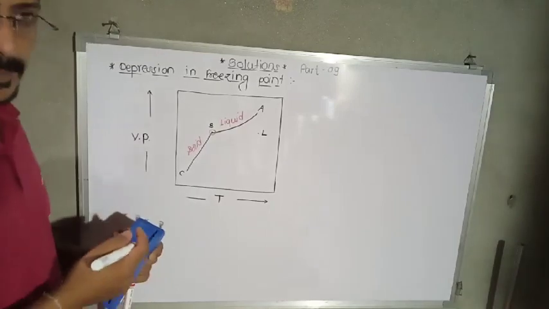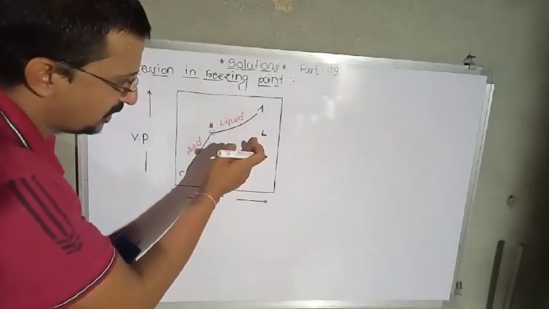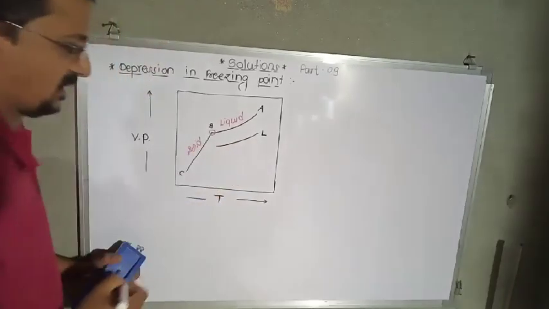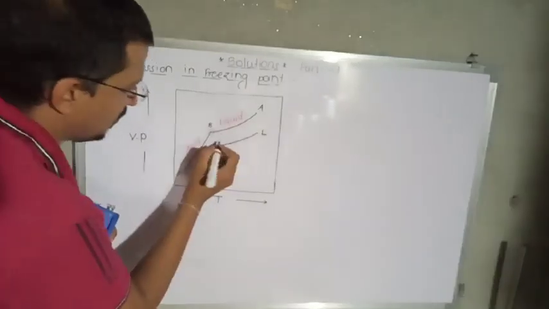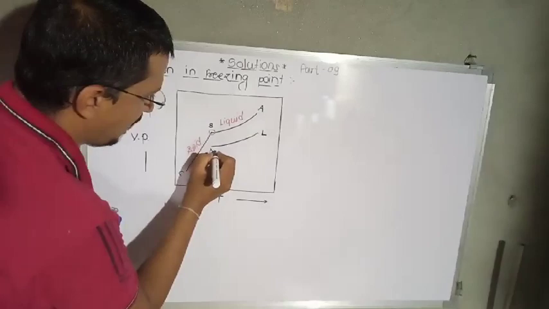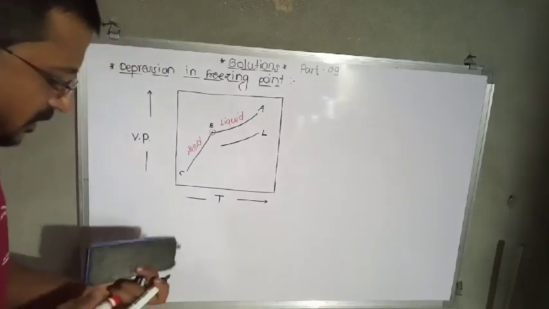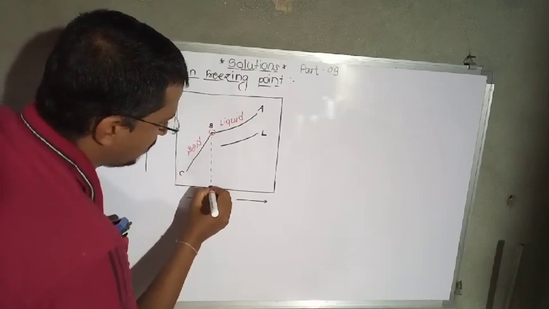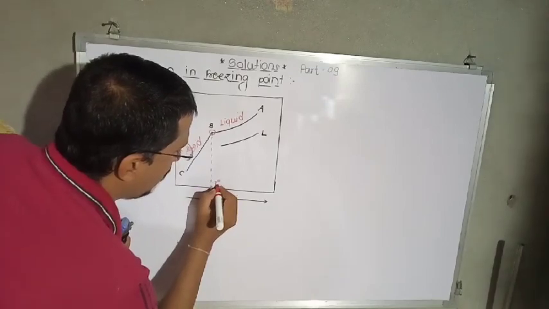And if you decrease the temperature, by the same pattern here also, as you decrease the temperature, the vapor pressure of the solution also decreases. See here, the vapor pressure of the solution also decreases. But remember, suppose this is the LM curve. With the red line I will show you, at point B the corresponding temperature is the freezing point of the solvent, so it is represented by T naught F. T naught F is the freezing point of solvent, isn't it?